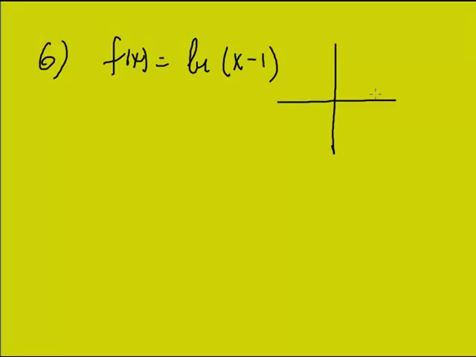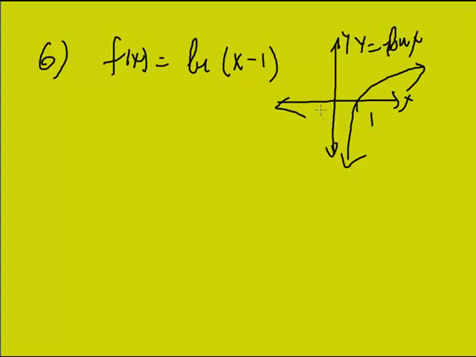Number 6. f of x is equal to ln of x minus 1. Everyone should know what y is equal to ln of x looks like. You have to have that memorized. It's my y-axis, my x-axis. It has a vertical asymptote at 0.